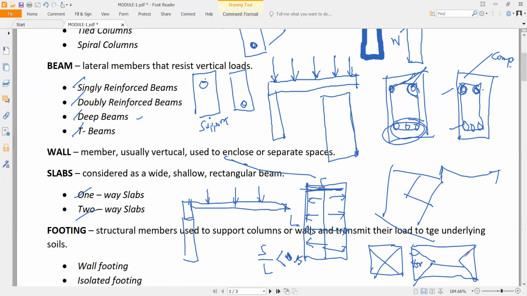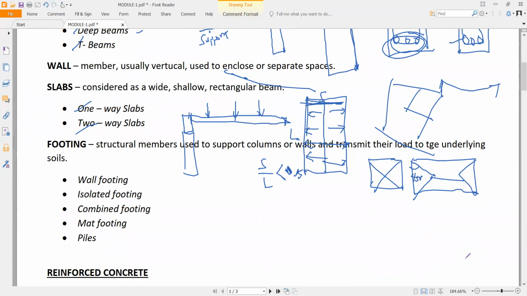Kasi both ng sides natin makaka-experience ng deflection. The shorter and the longer side may experience deflection. So, two-way yan. Kung ma-differentiate naman natin siya, pagka two-way yung slab natin, the ratio of your shorter leg to the longer leg is greater than or equal to 0.5. Pagka 0.5 na or greater, that is already a two-way slab.